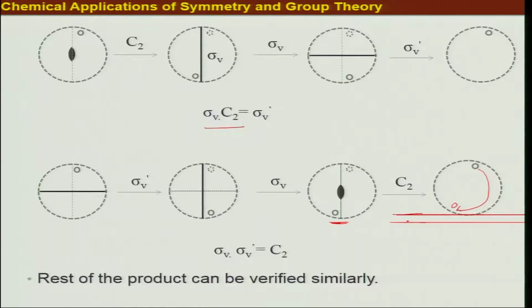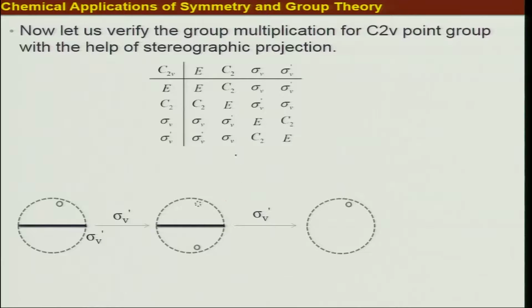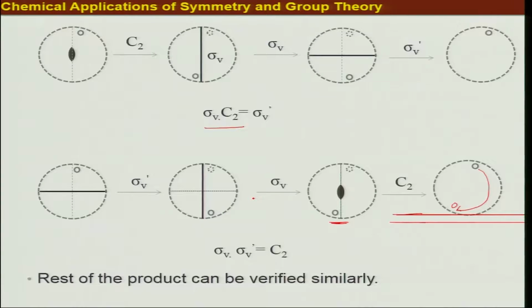So that means that sigma v prime is nothing but equal to C2, and if we have a quick look at the group multiplication table, then we can see that sigma v prime gives me C2, and also from here you can see that it doesn't matter which way I come, sigma v prime or sigma v, it gives me C2, which also means that I can find out about the commutativity. Okay. So you can verify all the other products that you can form.